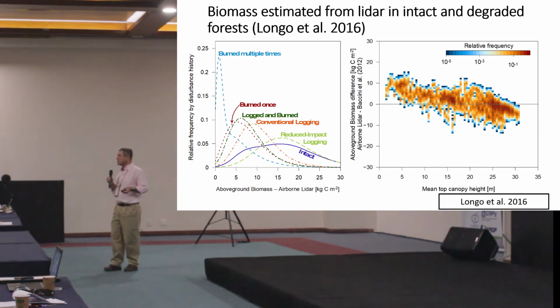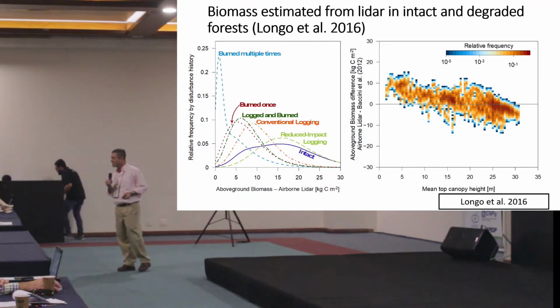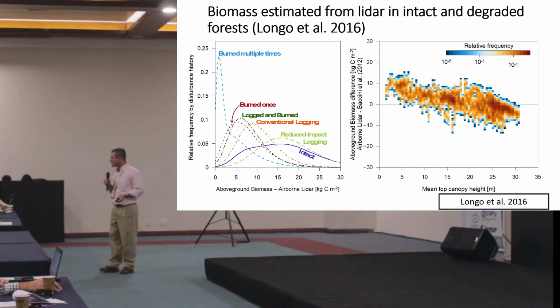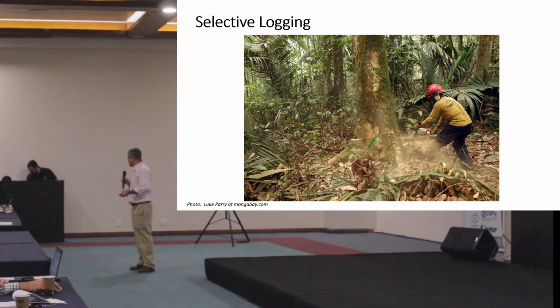The work that you do with these global extrapolations using models like random forest, which was used in this case, they tend to predict the mean, and they do tend to underestimate at the high end and overestimate at the low end. And we found that for the Saatchi data set, and we couldn't really compare to some of the other data sets because they started to use our data, so the comparisons would have been circular. So if you put your data out there, you do have that disadvantage.